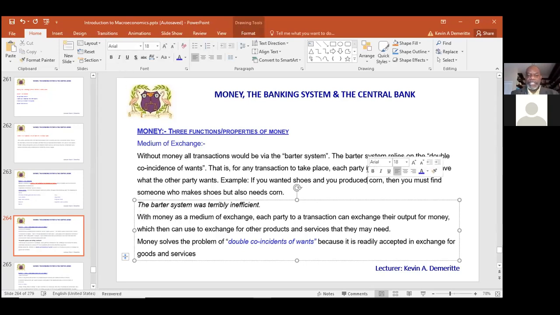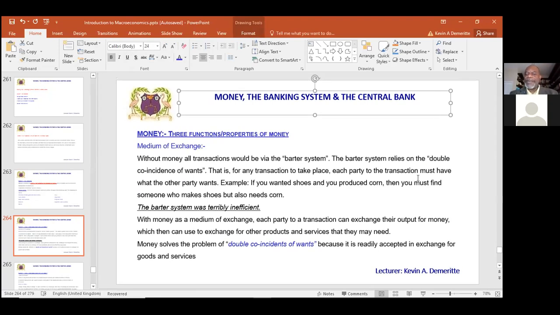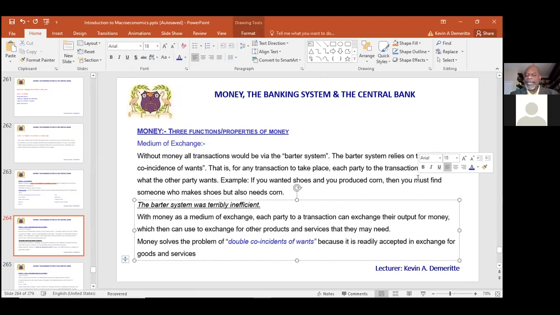With money as a medium of exchange, each party to transactions can exchange their output for money, which can then be used to exchange for other products and services that they may need.